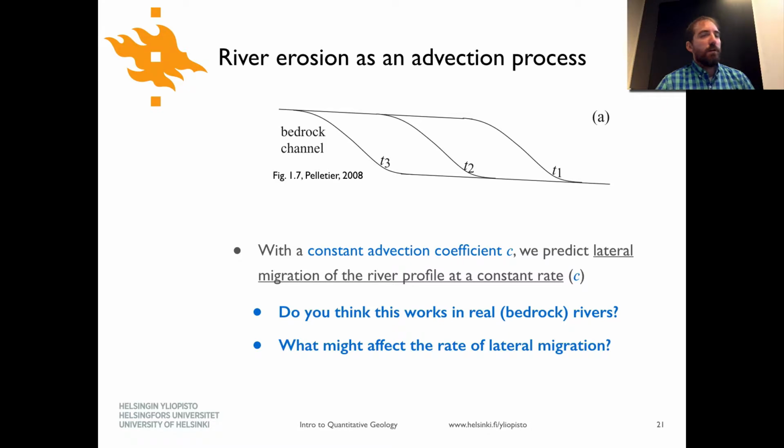But what I can ask you is maybe what might affect this rate of horizontal erosion of the rivers, or sort of incising into some landscape. What kind of things might affect how efficiently a river could erode into a landscape? Do you have any ideas?